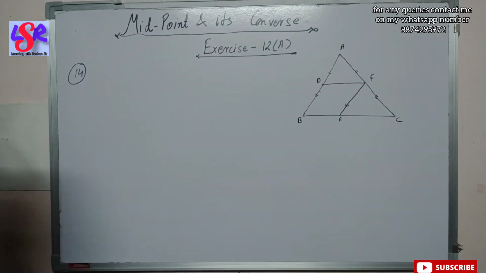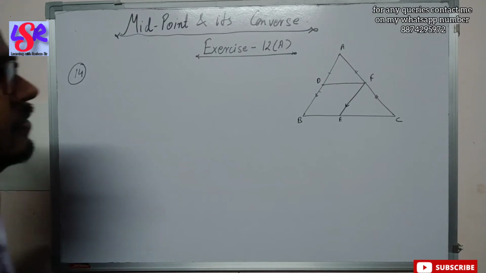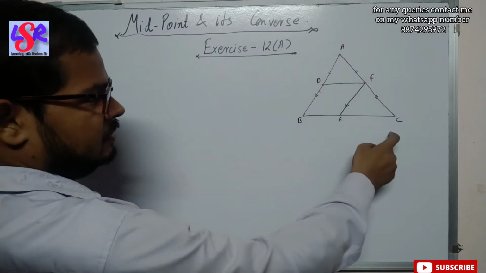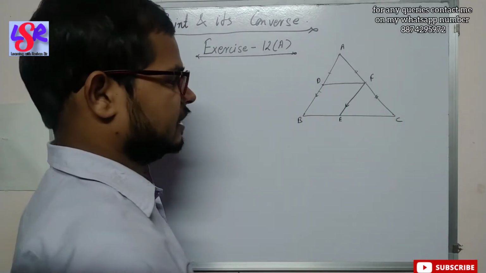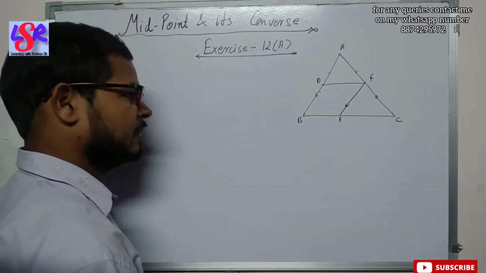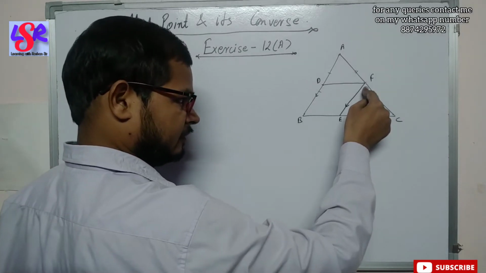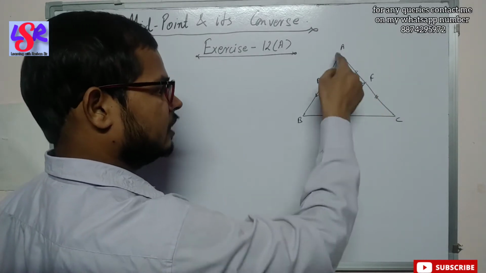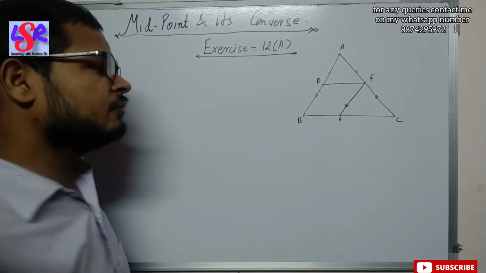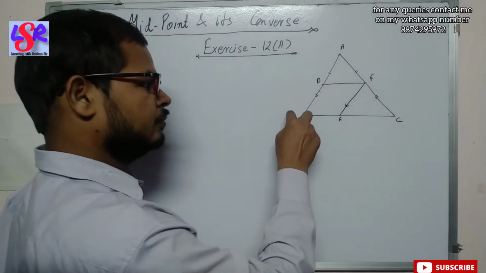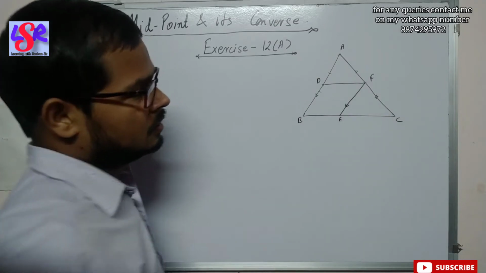Now here, as per information given in the question, we have a triangle ABC in which D and F are the midpoints of the side AB and AC respectively. And then from F there is a line parallel to AB which touches BC at E. Now we have to prove BDFE is a parallelogram.